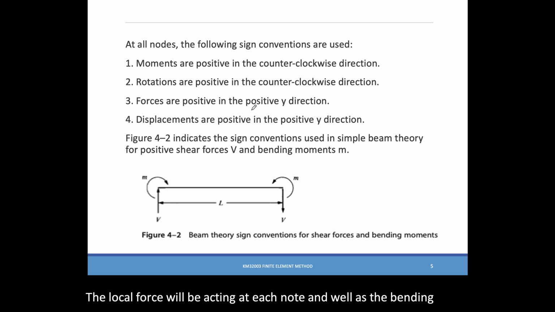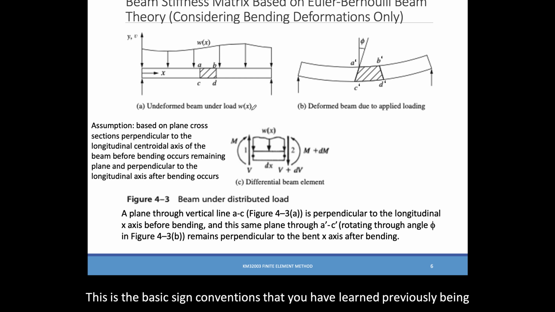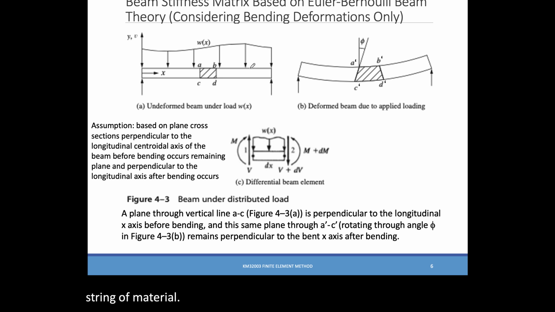This is the basic sign convention that you have learned previously in strength of materials, okay? In order to derive the beam stiffness, we will apply the famous Euler-Bernoulli beam theory.